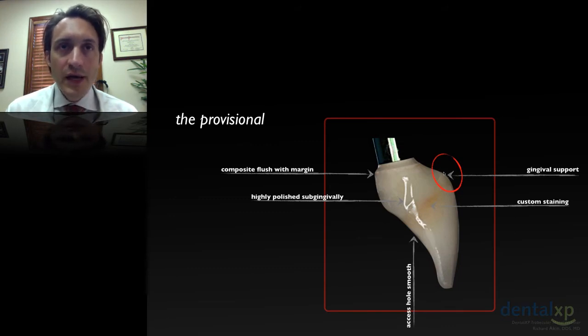But when you look here, this area, maybe 1 or 2 millimeters here, is all you need to support your facial gingival margin, and that's what's very important.